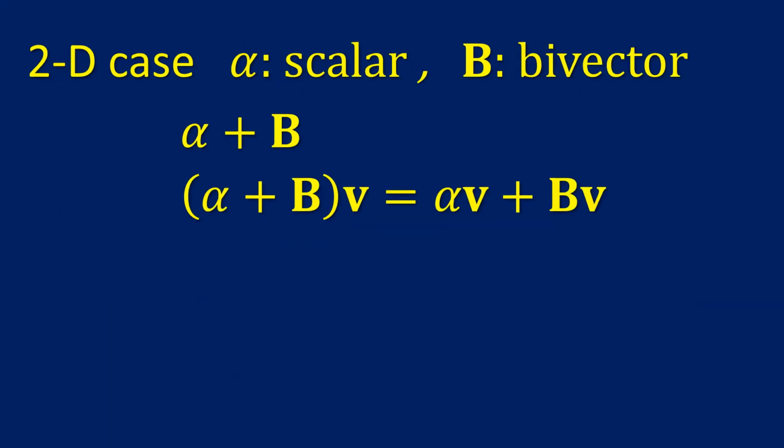So, to help give an answer that is at a high school level and the students, I think, will find acceptable, let's consider a two-dimensional case. We'll have a scalar alpha and a bivector b. Now, as we showed earlier, a bivector is a section of a plane.